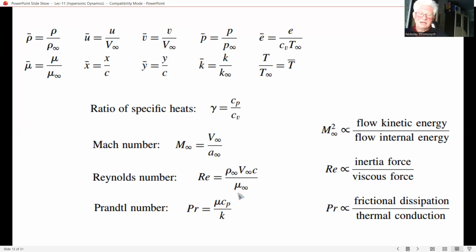These four dimensionless parameters, as you can see, the ratio of specific heats, Mach number, Reynolds number, and Prandtl number, are called similarity parameters and are very important in determining the nature of a given viscous flow problem. Indeed, a formal method for identifying the similarity parameters in any mechanical system is to non-dimensionalize the governing equations.